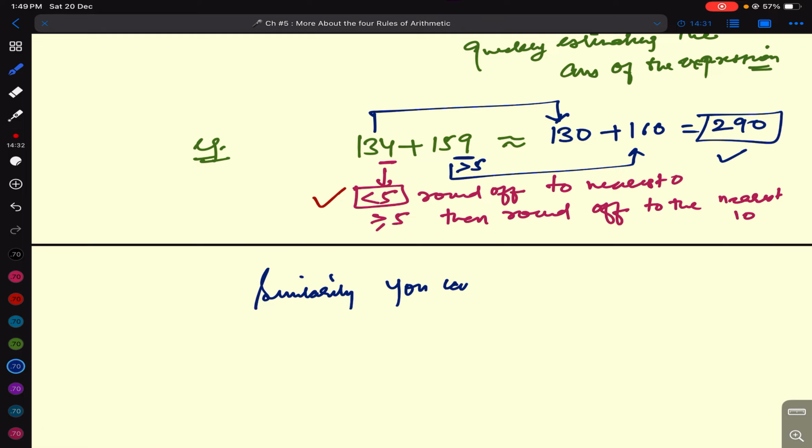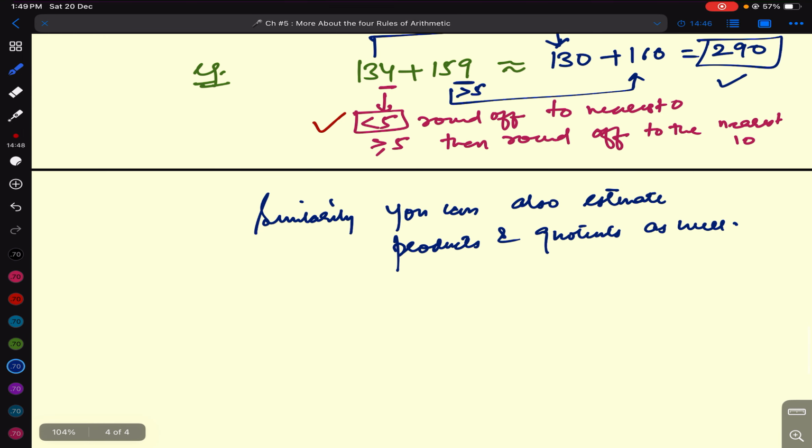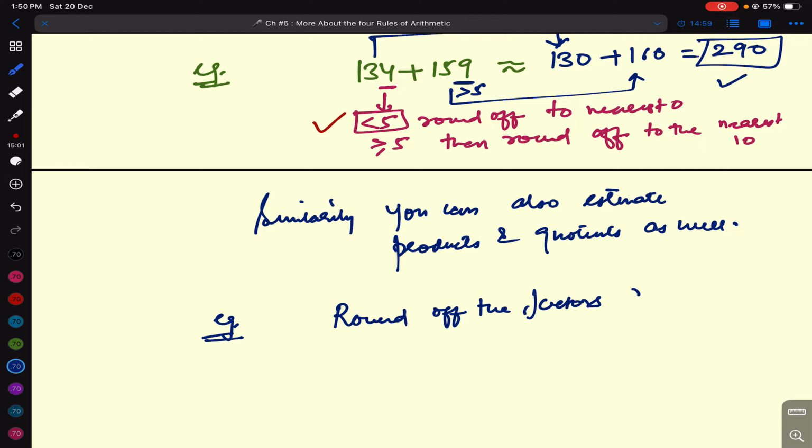Similarly, you can also estimate the products and quotients as well. When I say products and quotients, I'll give you the example here. Let's say you are supposed to round off the factors and multiply the factors.